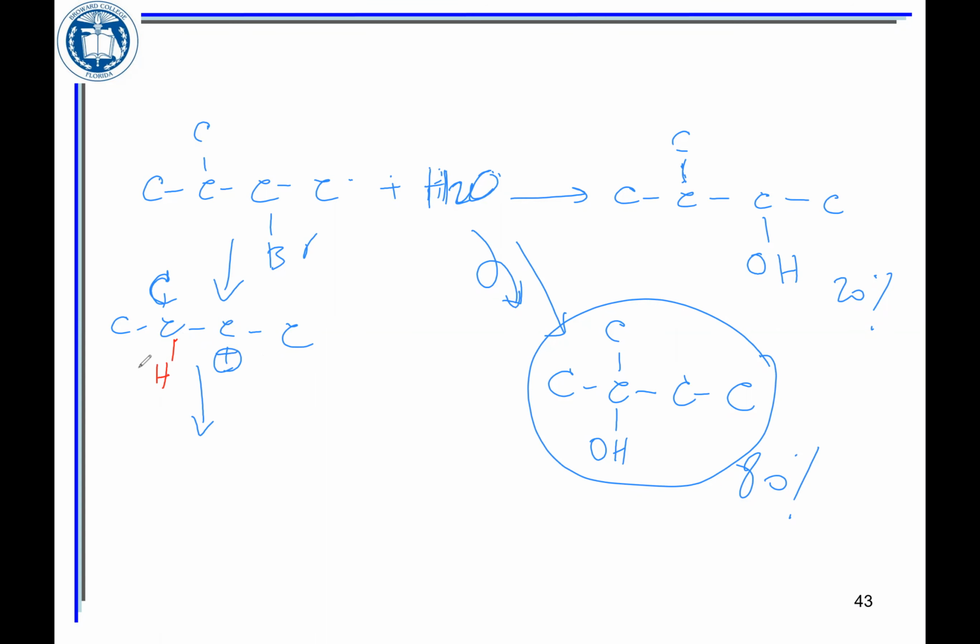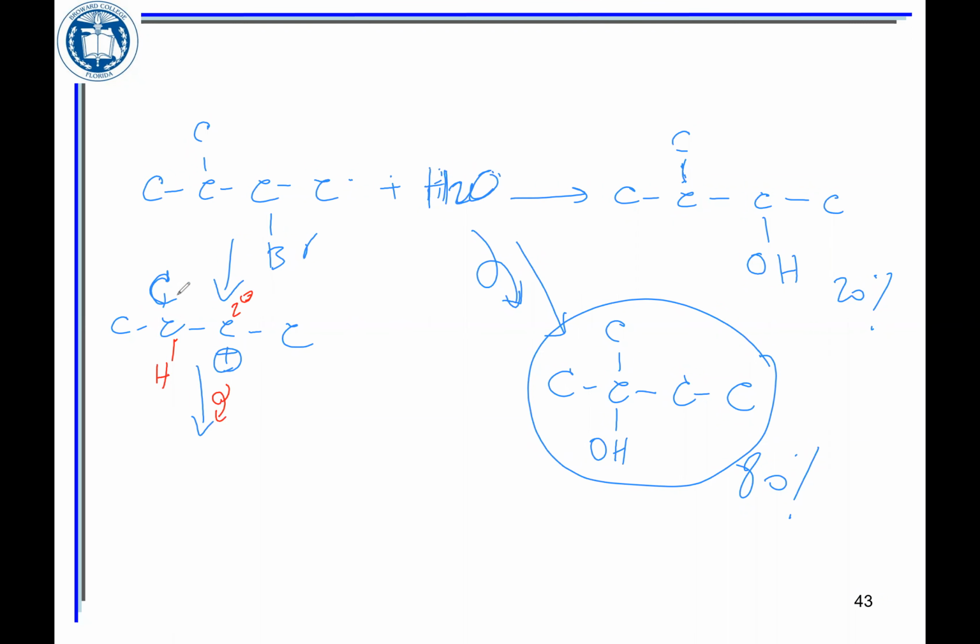If you have a secondary carbocation, and on the adjacent carbon there is a hydride or hydrogen, and you move the hydrogen over so the plus charge ends up on that carbon, you end up with a tertiary carbocation. A tertiary carbocation is more stable than a secondary carbocation, so this is going to be beneficial, and since it is beneficial, the rearrangement is going to take place.